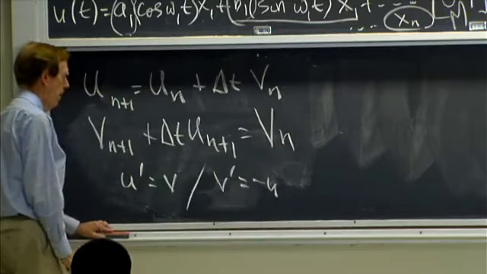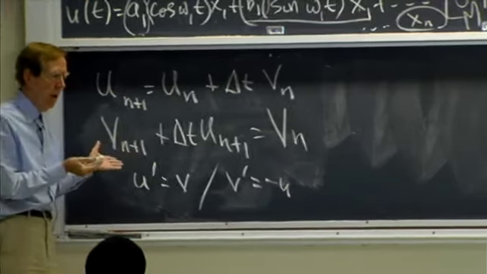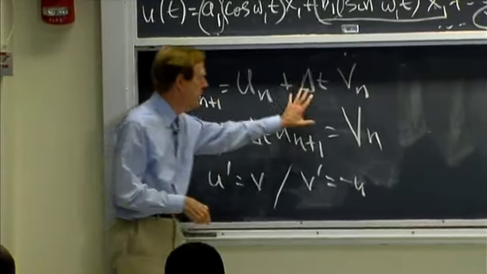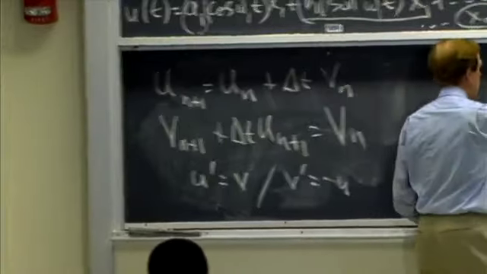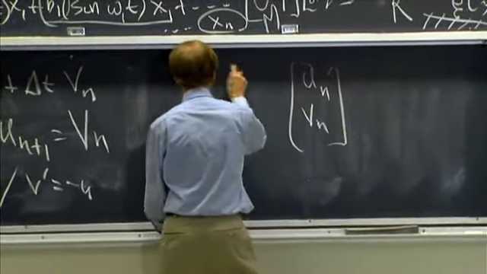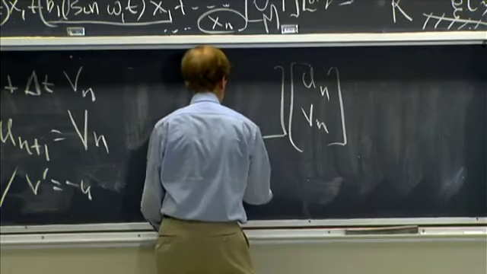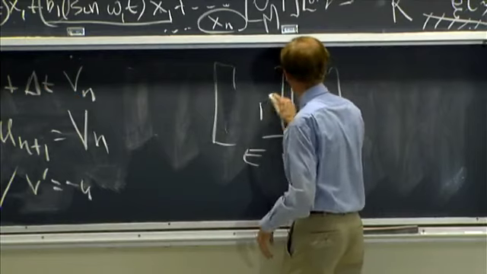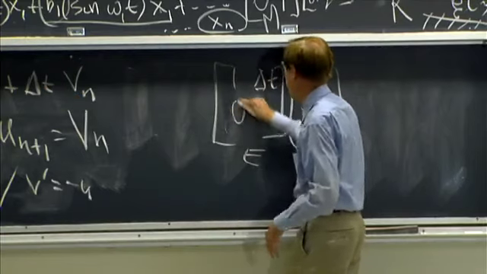Okay. So I see here an implicit matrix acting on the left and an explicit matrix acting on the right. I see Un Vn, and I see my explicit matrix, shall I call it E? That's the right side. I see a 1 and a 1 and a delta t.